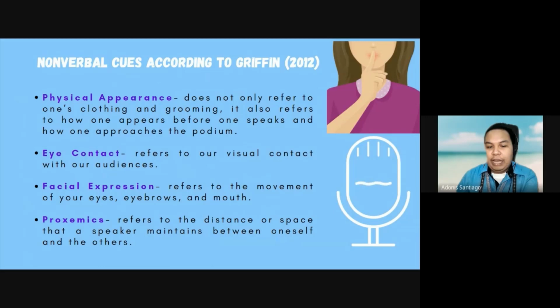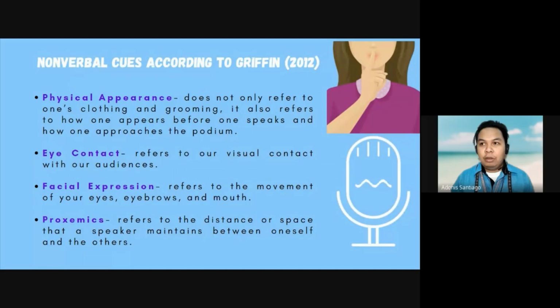We have the physical appearances. Now, this does not only refer to one's clothing and grooming, it also refers to how one appears before one speaks and how one approaches the podium. Let us admit the fact that there are some speakers who are not believable because of how they stand or how they appear on the stage.